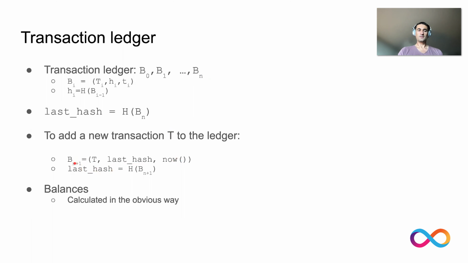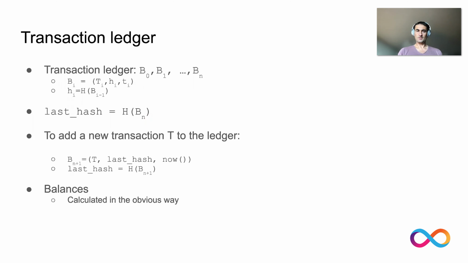Then we add Bn+1 to the list of blocks, and we calculate the last hash to be the hash of the block that we have just added. All right, so abstractly, this is how the transaction ledger is constructed.